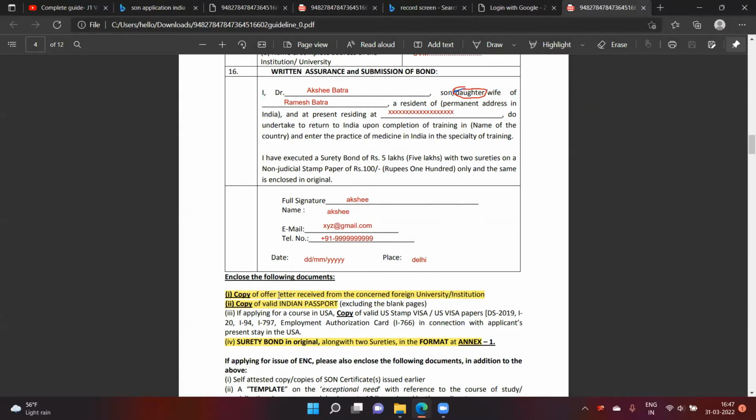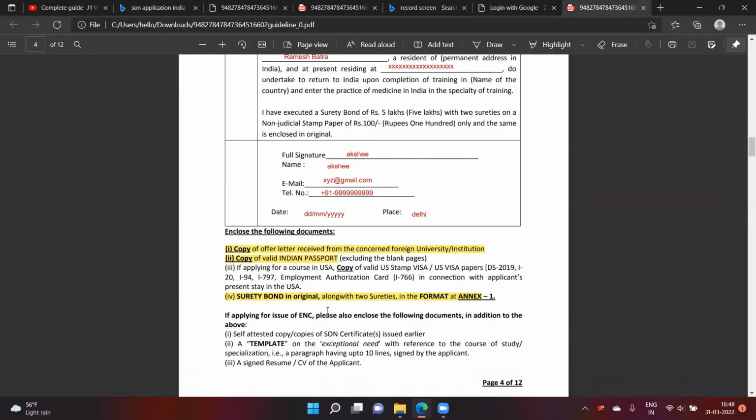Enclose the following documents as we talked: the copy of the offer letter, then the copy of the Indian passport. Don't include the blank pages. I also signed all the pages of my passport, self-attested them. Just something that my mom asked me to do because she works in a government sector.